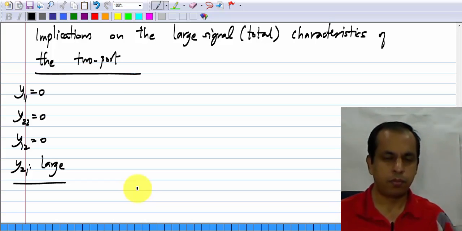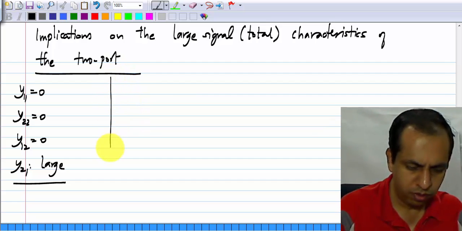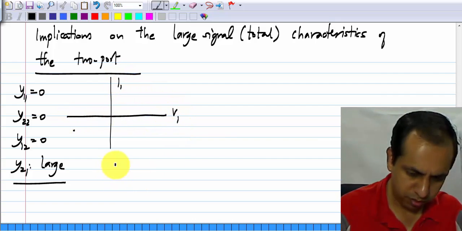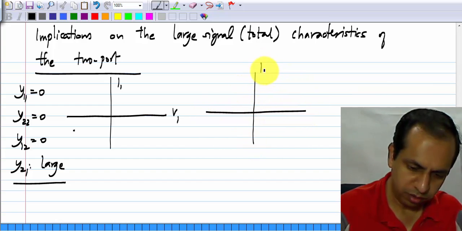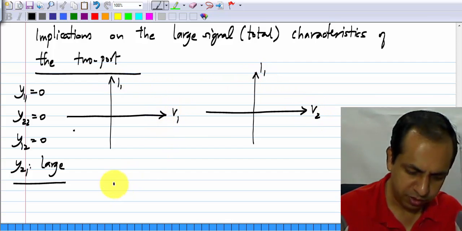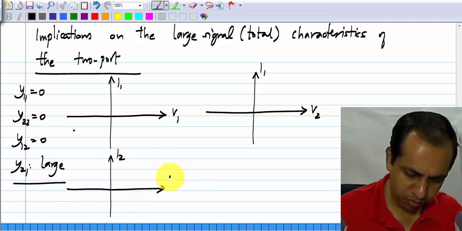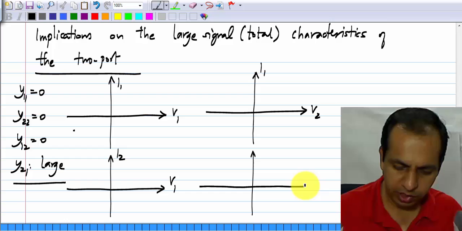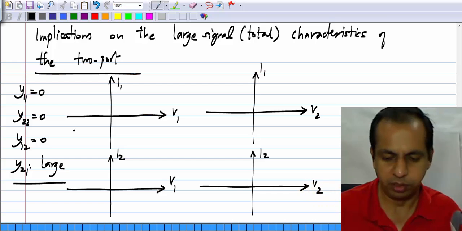Now, the large signal characteristics can be described by these four graphs, where one of the variables is on the x-axis and the other variable is fixed, or it is varied as a parameter.